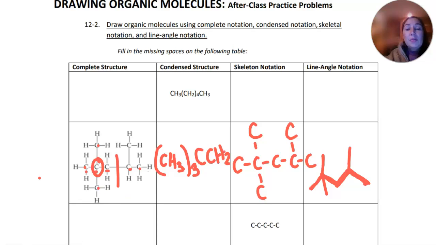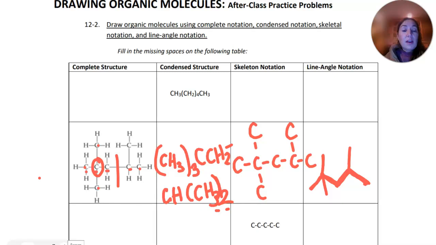I'm kind of out of room, so I'm just going to draw a line. And then there'll be a CH, and on that CH, there'll be 2 CH3s. Oops, there should be a 3 there. Should be CH3, and there are 2 of them. So the condensed structure was CH3 subscript 3, and then there's a carbon, and then there's a CH2, and then a CH with CH3 subscript 2.